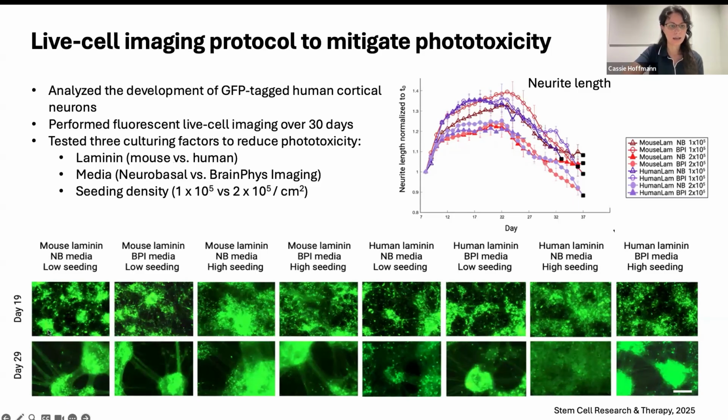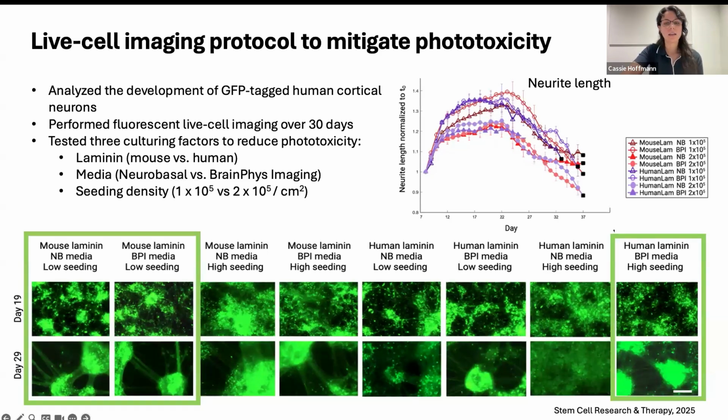Just looking down here, I've got two time points, day 19 and day 29. The best conditions where the cells tended to survive for the full 30-day period were the ones that had mouse laminin or brain-fizz imaging media, or the combination of the two.